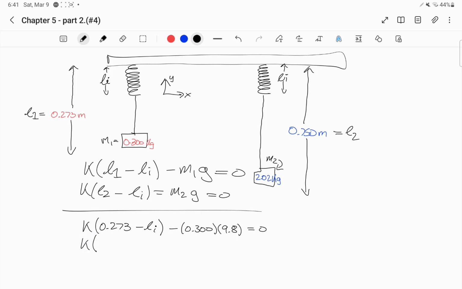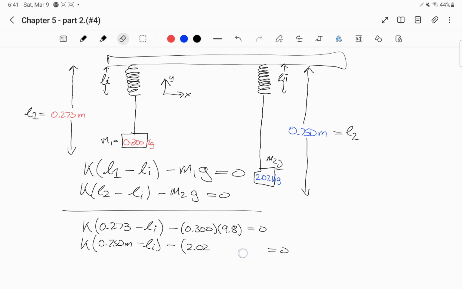And for the second one, we'll have K times 0.750 meters minus L initial minus the mass of the second mass, which is 2.02 kilograms times the force of gravity, which is 9.8.